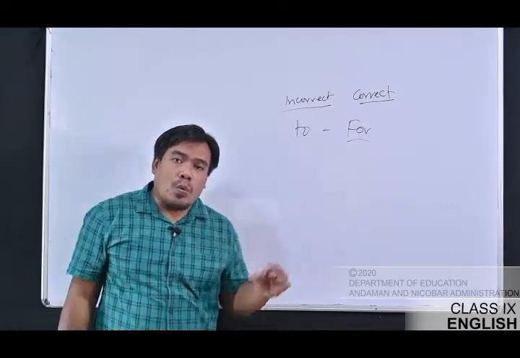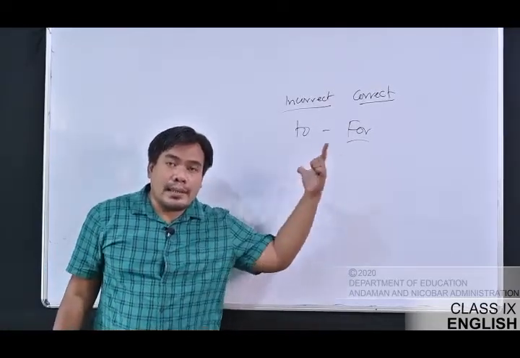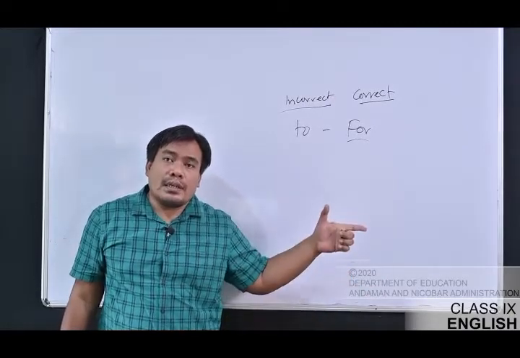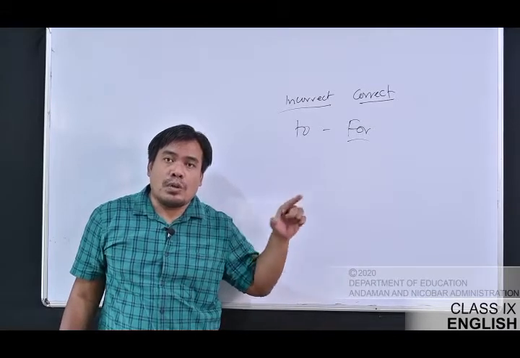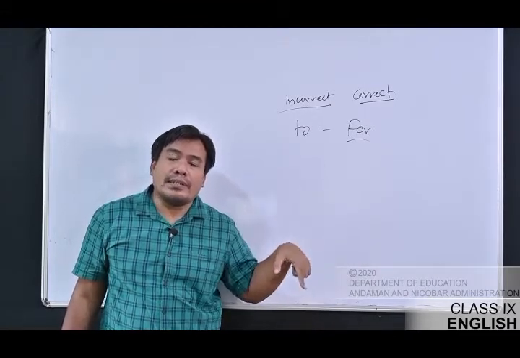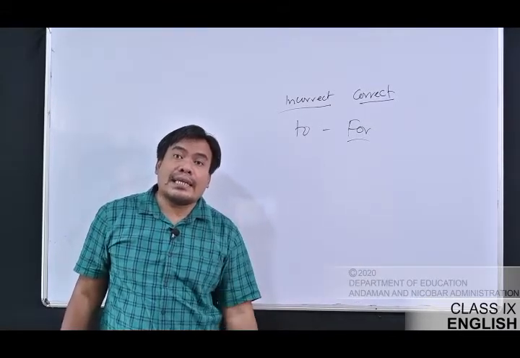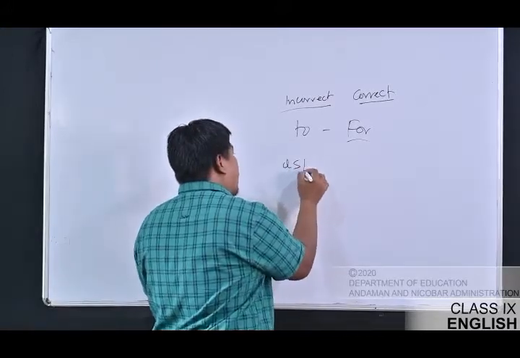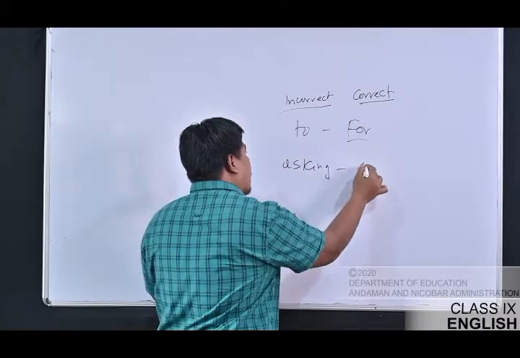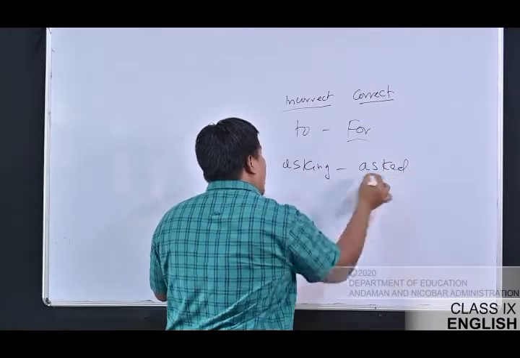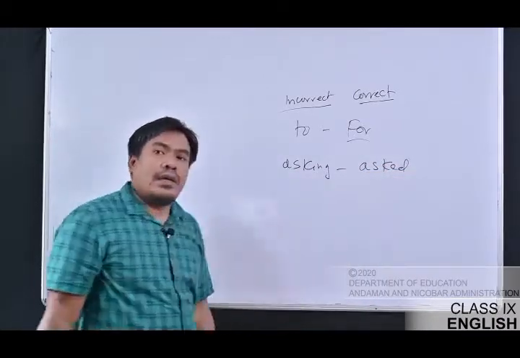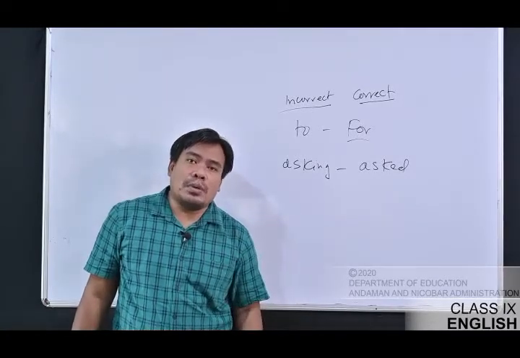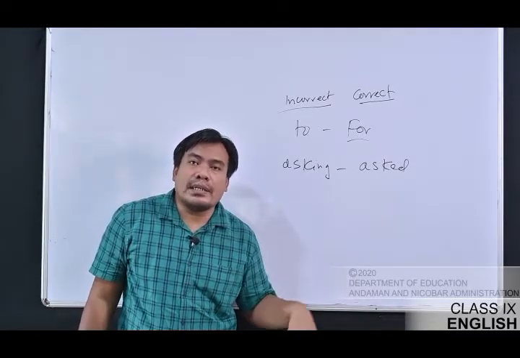The next one: one day the king sent to his, it's a continuation of that one. Okay, one day the king sent for his, "for his" instead of "to". One day the king sent for his minister and asking him to. That "asking" is actually wrong and it has to be "asked". And the next one, minister and asked him to measure the length into.